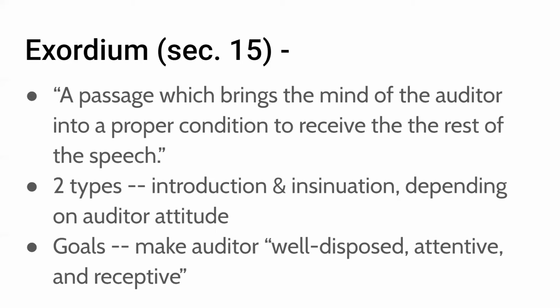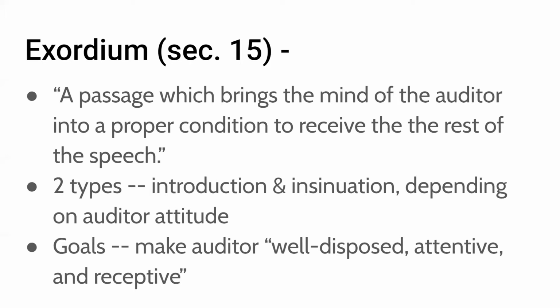This starts at section 15. And the section on exordium, like all the sections, is pretty long, because the thing about Cicero is that he comes up with every single possible situation. But I'm going to focus on the overall statements that he says about each of these parts of a speech.